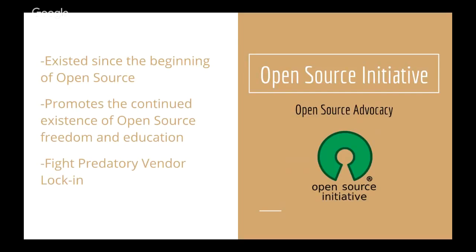OSI, which is Open Source Initiative for short, they basically promote open source that is higher quality, better reliability, greater flexibility, lower cost, and an end to predatory vendor lock-in, which we discussed earlier, which is obviously a huge issue with other forms of software.